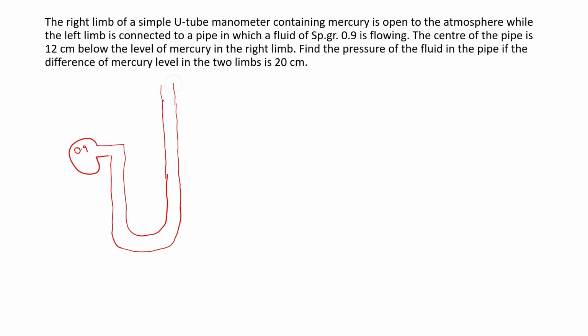So this side of the U-tube manometer is open to atmosphere. Okay, this is the level of mercury, and the center of the pipe is 12 centimeter below the level of mercury, and the difference of mercury level in the two limbs is 20 centimeter.